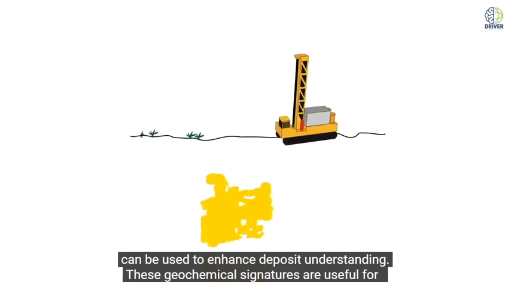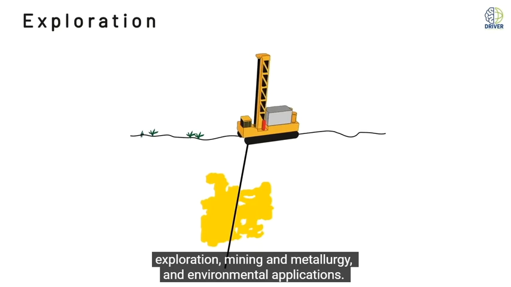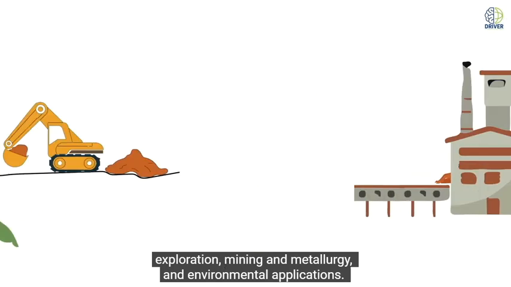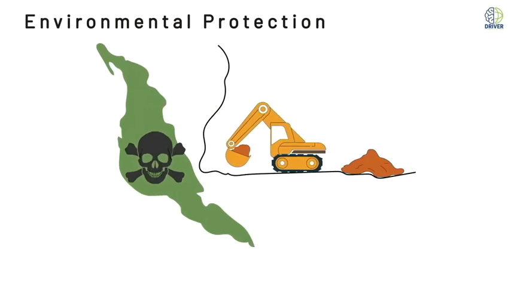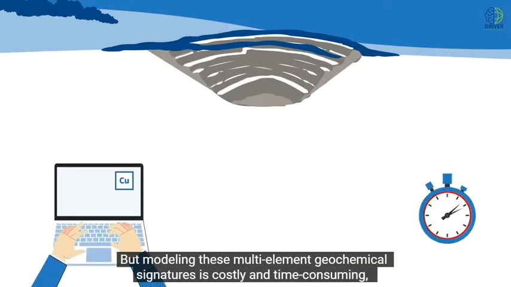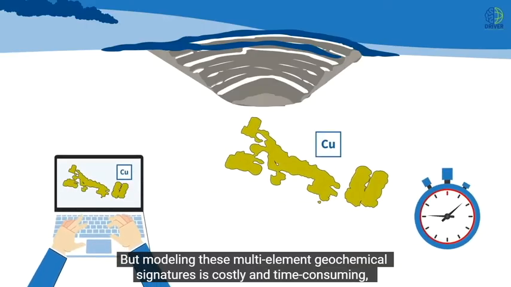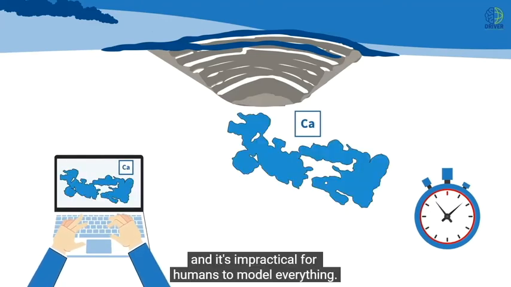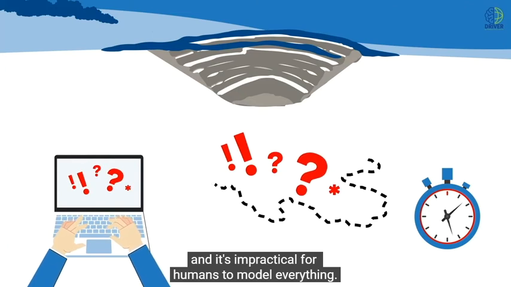These geochemical signatures are useful for exploration, mining and metallurgy, and environmental applications. But modeling these multi-element geochemical signatures is costly and time-consuming, and it's impossible for humans to model everything.